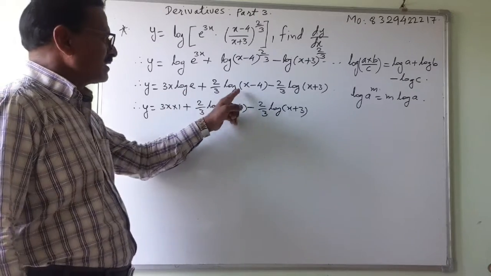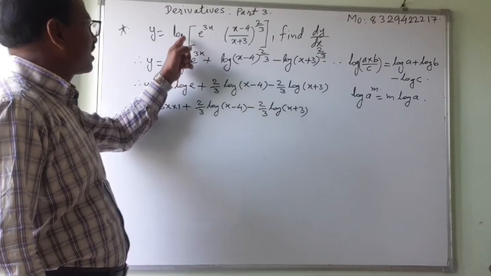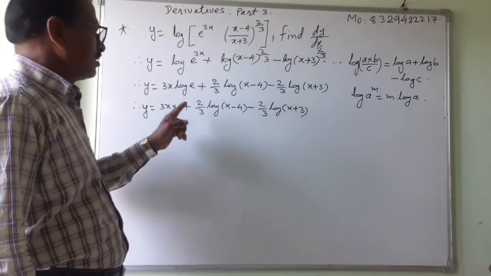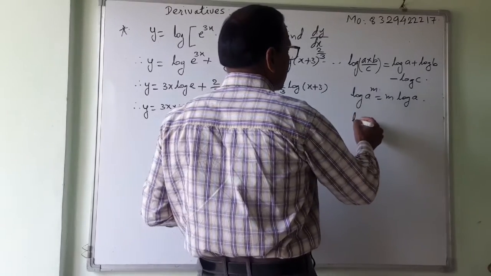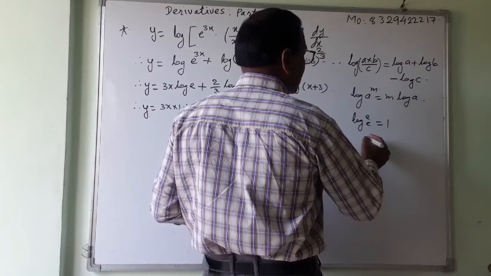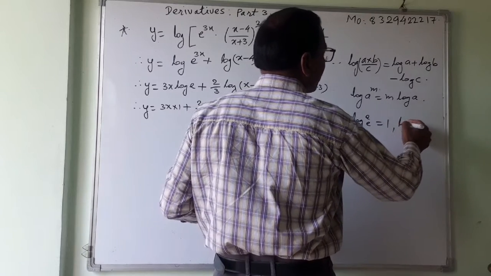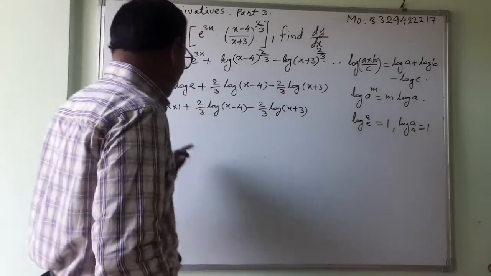Here the base is not written, but it is understood that the base is e. So here also the base is e, and log of a to the base a is equal to 1. Log of e to the base e is equal to 1. The same law applies here.